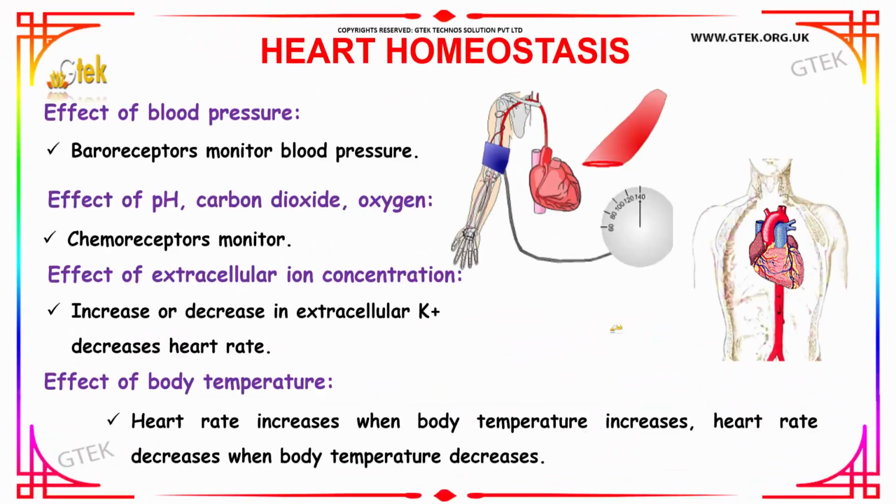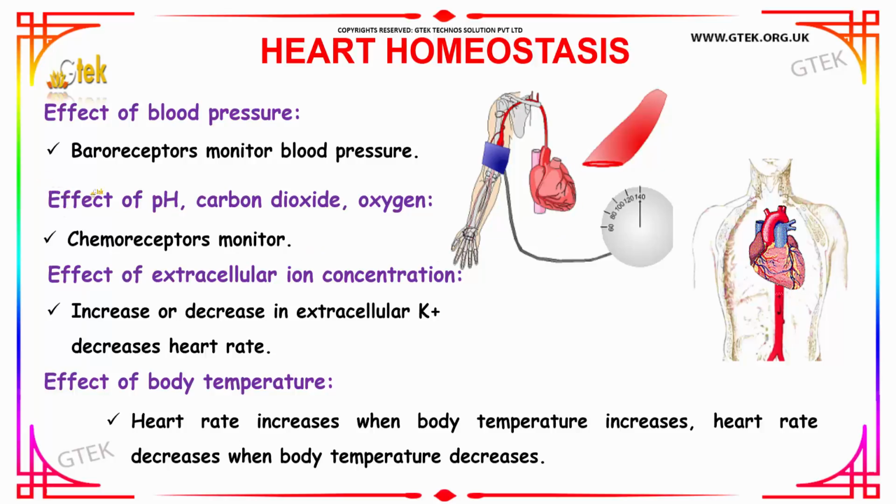Next, we are going to study about the heart homeostasis. The baroreceptors monitor the blood pressure, and hence the effect of the blood pressure can be determined to determine the functioning of the heart in a proper manner.